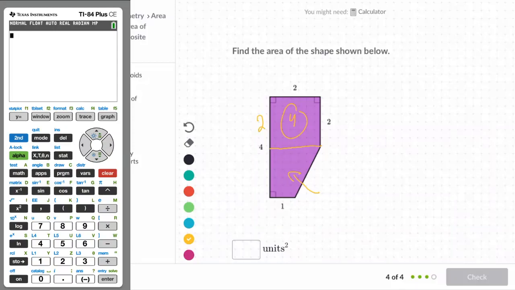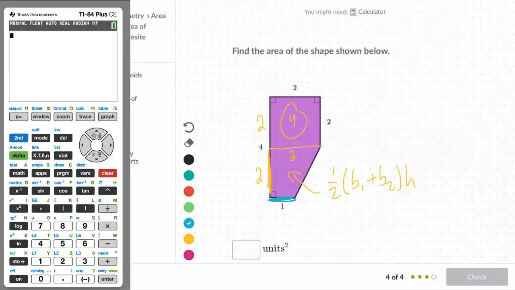Now this piece right here is a trapezoid, and the original figure was also a trapezoid. So I'm going to do it like this as well. So we'll label that as 2. We know that this bit right here is going to be 2. Remember that in a trapezoid, it's 1/2 base 1 plus base 2 times our height. In this case, I'll highlight our bases.